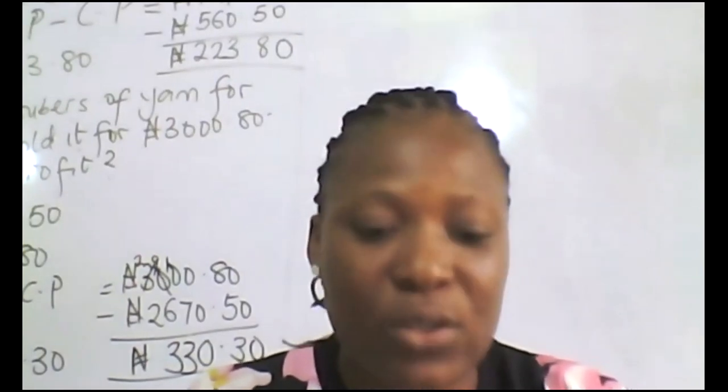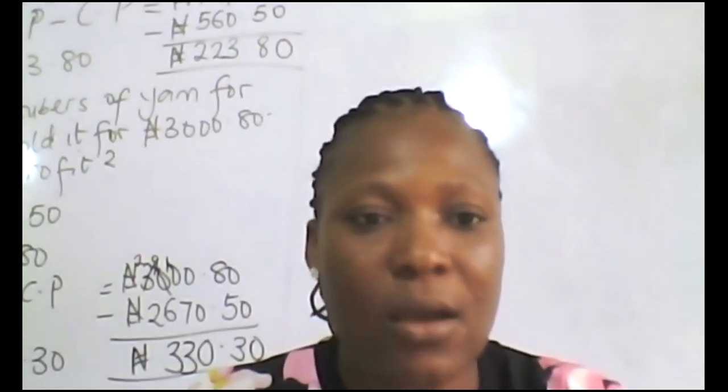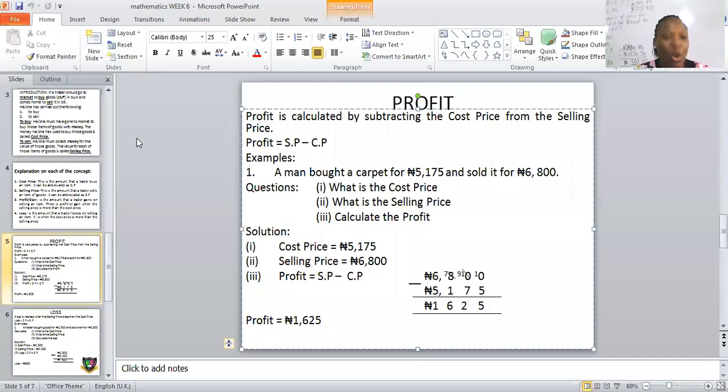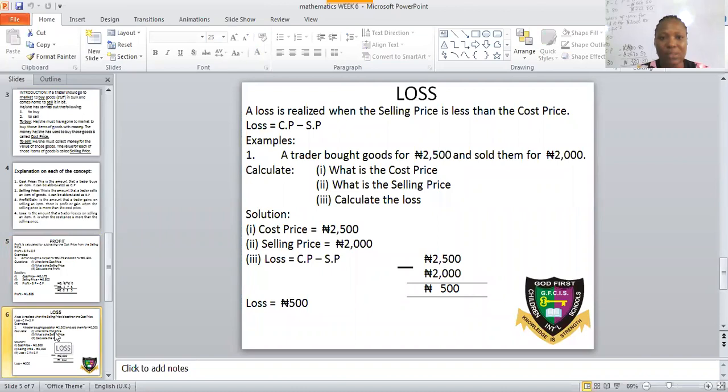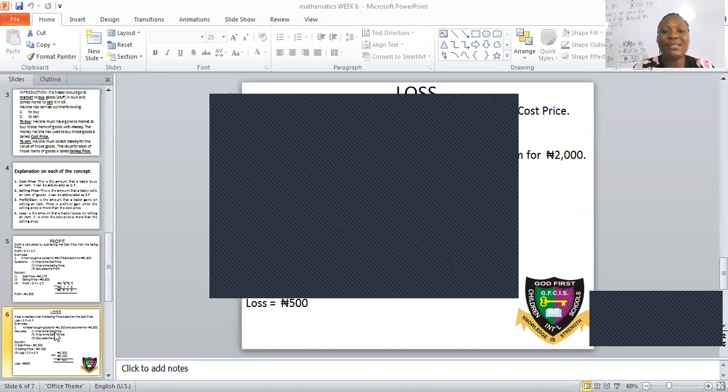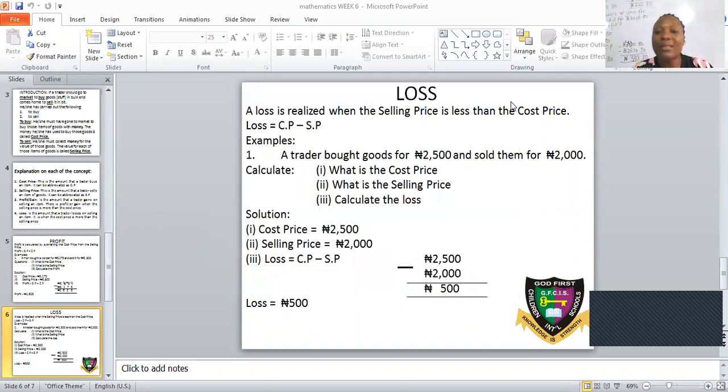Now let's move to the other part of the topic, which is loss. A loss is realized when the selling price is less than the cost price.